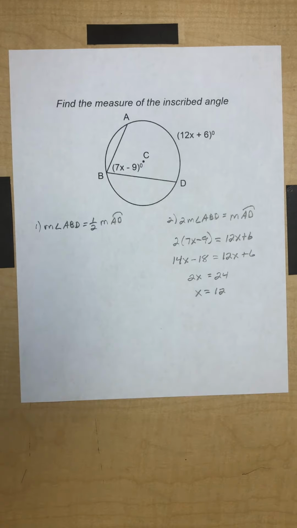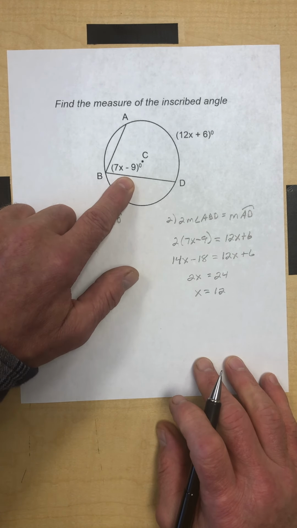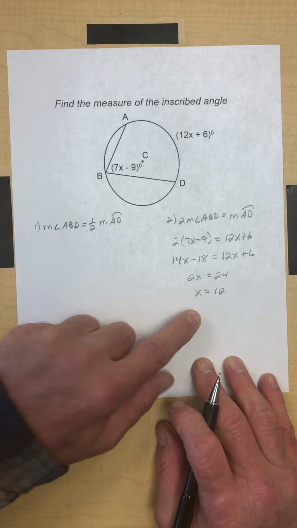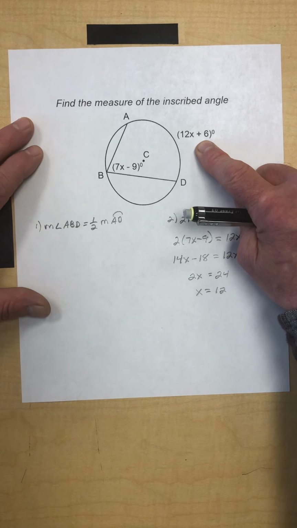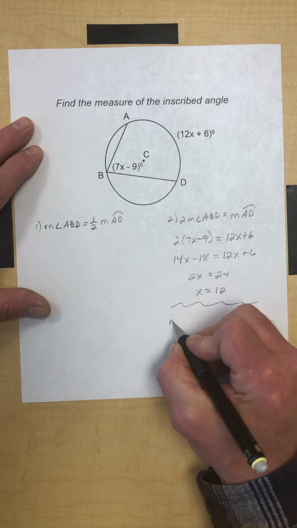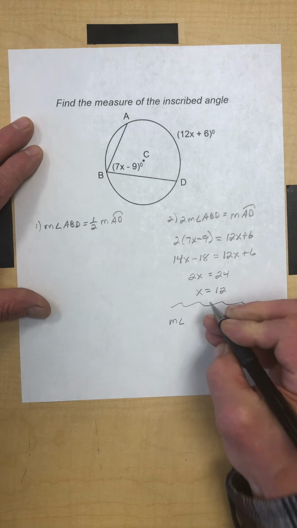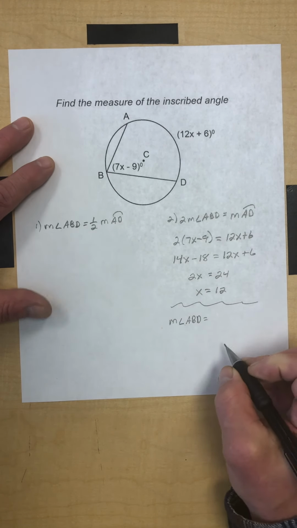Now we have to go back, and it says find the measure of the inscribed angle. So I want to find that measure. So I have to use x equals 12. And obviously I want to check to make sure our answer is correct. The measure of inscribed angle ABD is 7x minus 9.